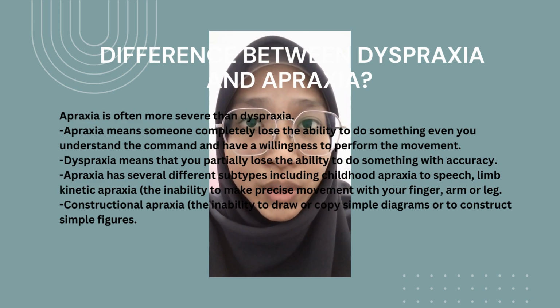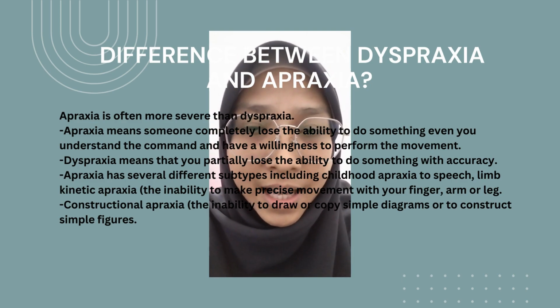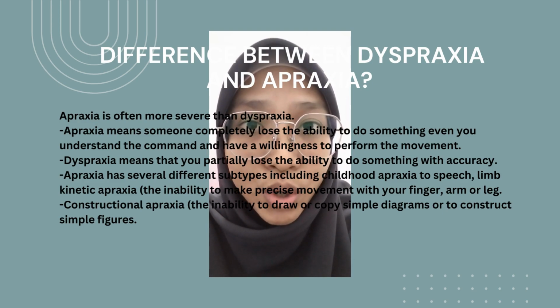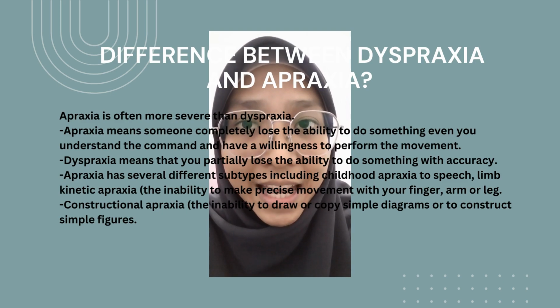What is the difference between dyspraxia and apraxia? Apraxia is often more severe than dyspraxia. Apraxia means that you completely lose the ability to do something even though you understand the command and have a willingness to perform the movement. Dyspraxia means that you partially lose the ability to do something with accuracy.